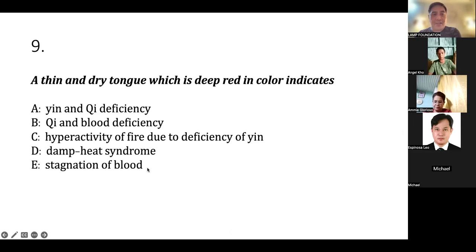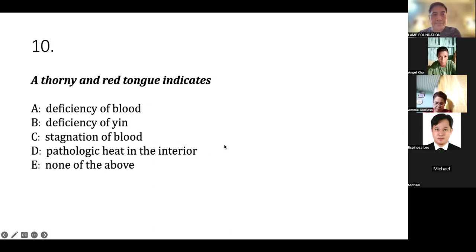Gusto busin na natin. Number 10 po. Thorny and red tongue indicates A. Deficiency of blood, B. Deficiency of yin, C. Stagnation of blood, D. Pathogenic heat in the interior, and E. None of the above. Answer po is pathological heat in the interior po.